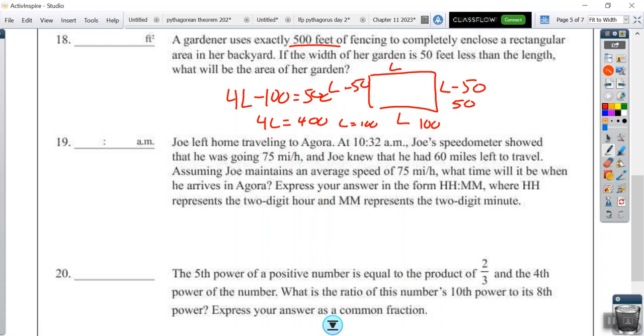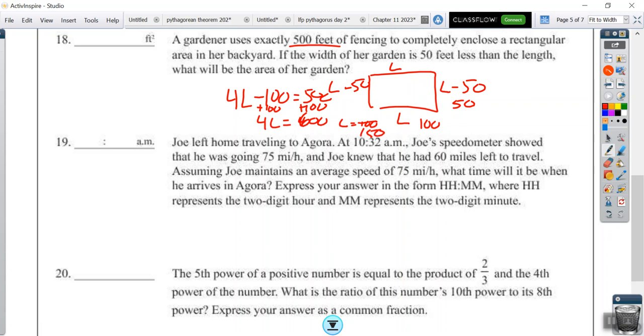Because I have to add 100. Oh man, it's late in the day. So that gets us 600, so that means the length is 150.